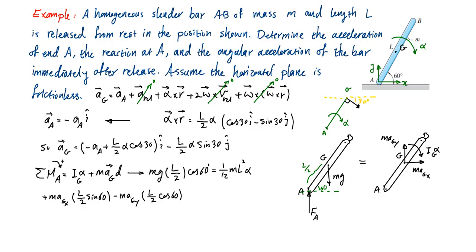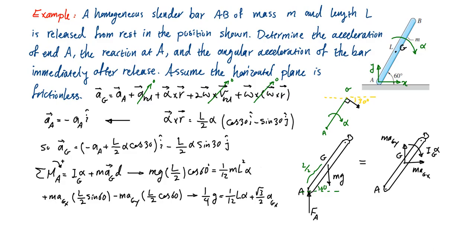Now, move things around. We can write it as 1 over 4 g is equal to 1 over 12 L alpha plus square root of 3 over 2 a_Gx, right?